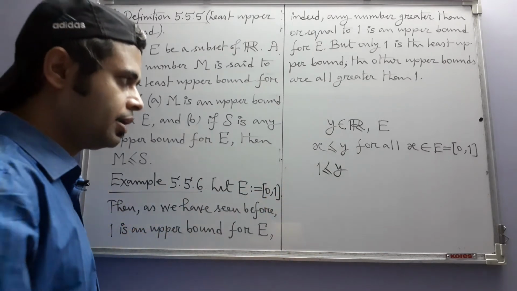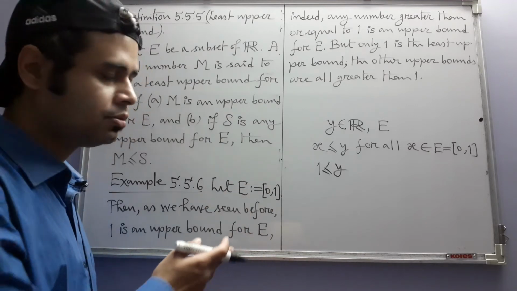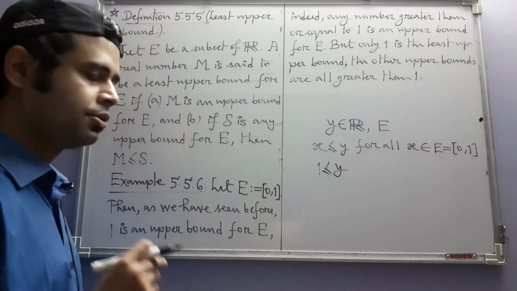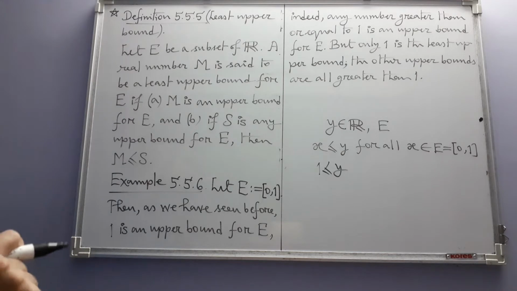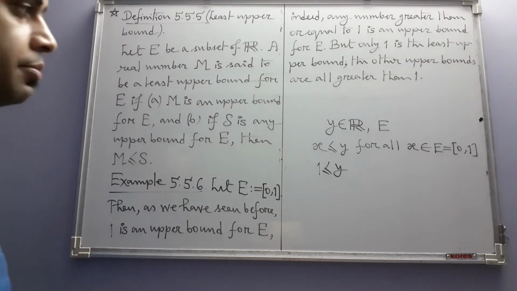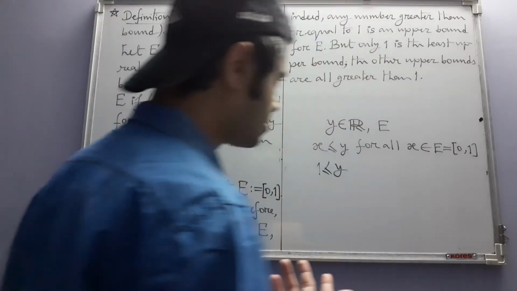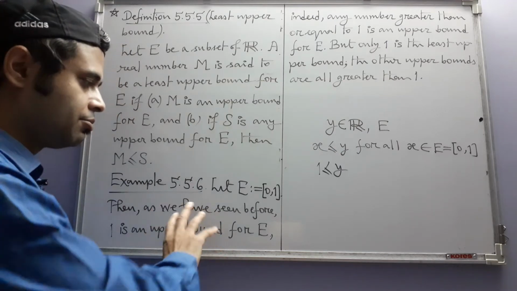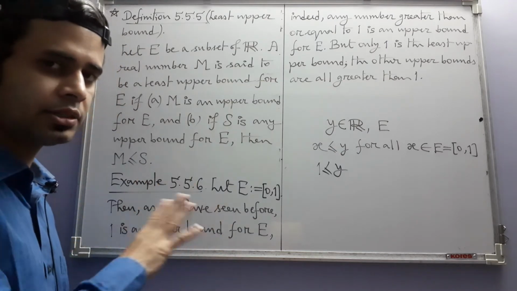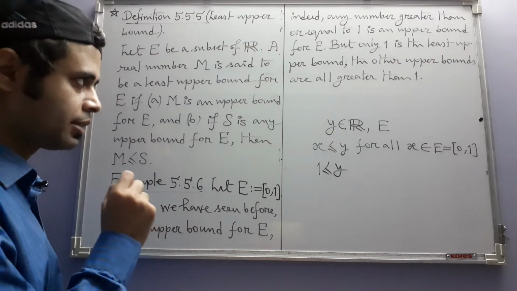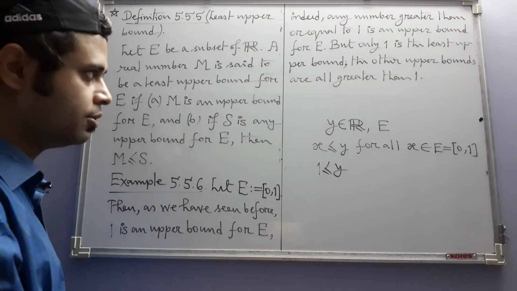In fact, if one argues a little more, one can see that 1 is the only least upper bound. In general, whenever a set has a least upper bound, the least upper bound is unique. That is something we are going to show soon.